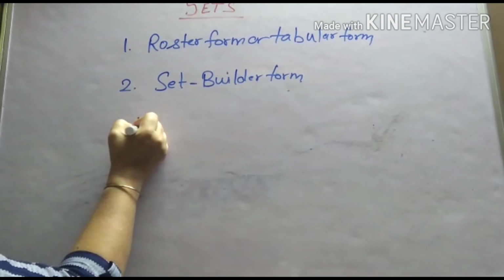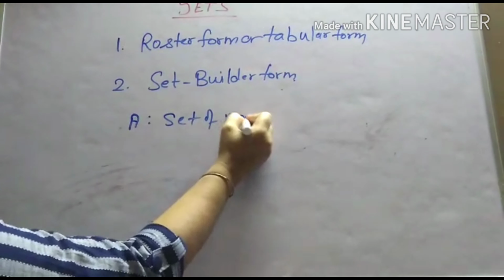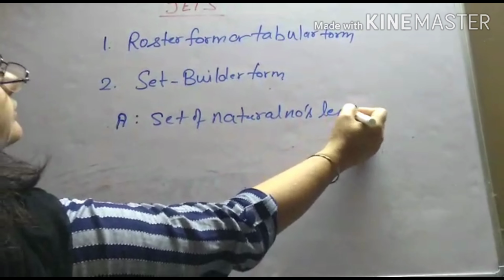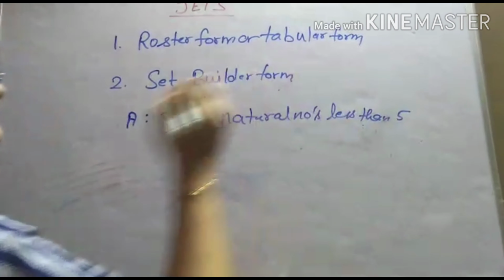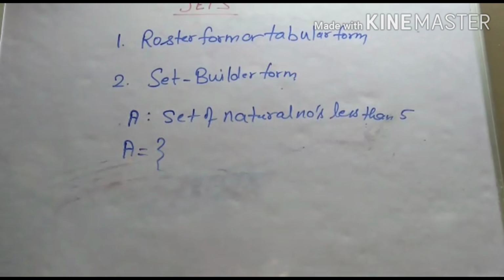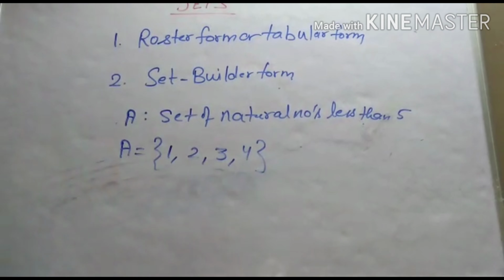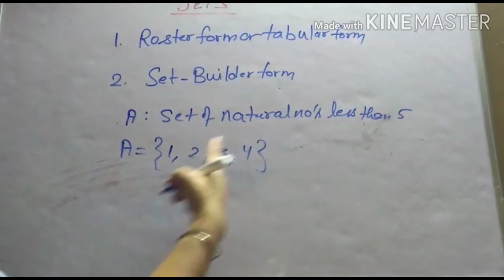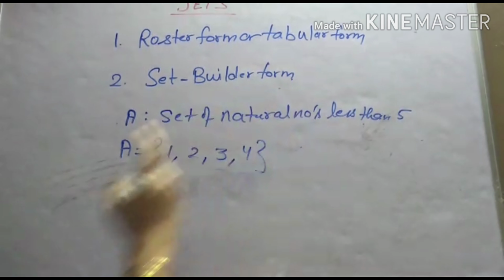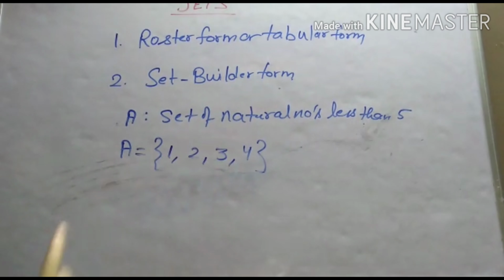For example, if A is the set of natural numbers less than 5, we can write it as A is {1, 2, 3, 4}, because there are 4 natural numbers which are less than 5 and the numbers are 1, 2, 3 and 4.